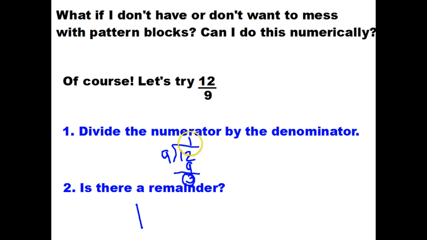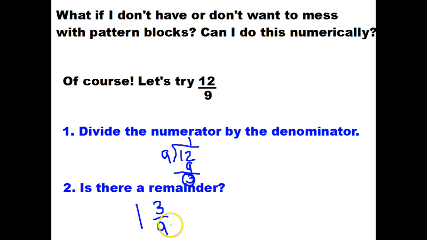That's my whole. And then what's left is 3 little bits left out of how many? 9. So that becomes my whole number, and my remainder becomes the numerator, because that's what's left. And then what am I working in? I've always been working in 9s, so I'm going to keep working in 9s. 12/9 is equivalent to 1 3/9.